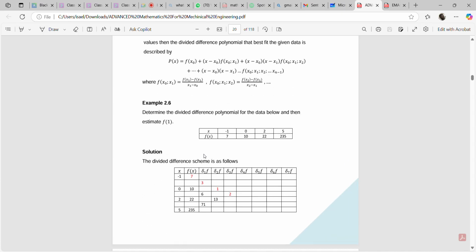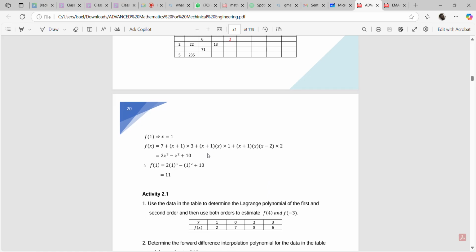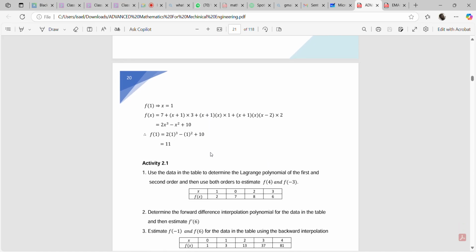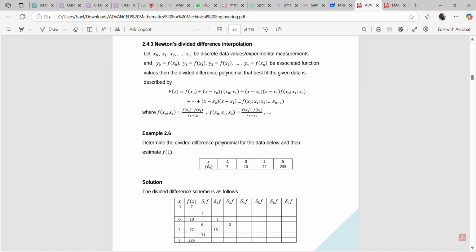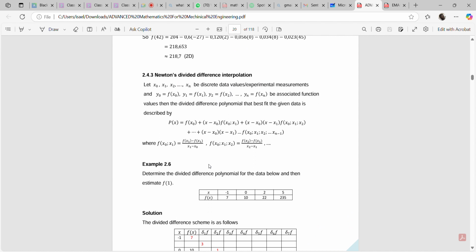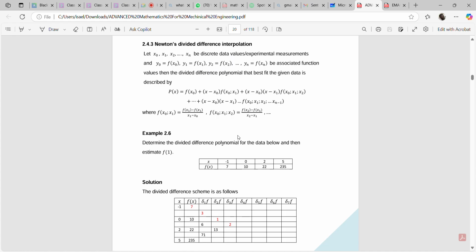Now, we're going to do Newton divided. Newton divided, I think, is the one that looks maybe a bit complex or not. But anyway, let me close this.